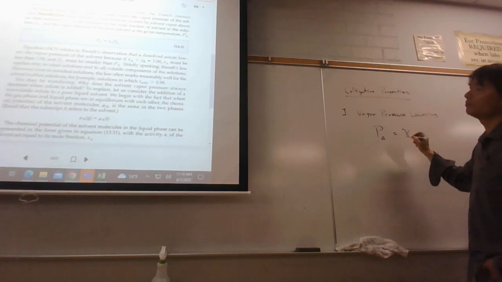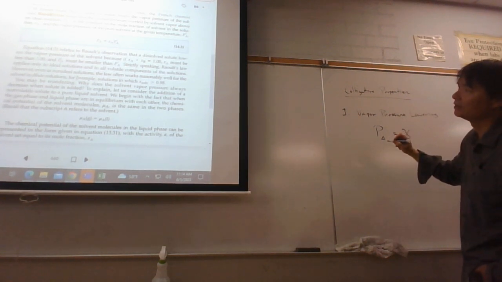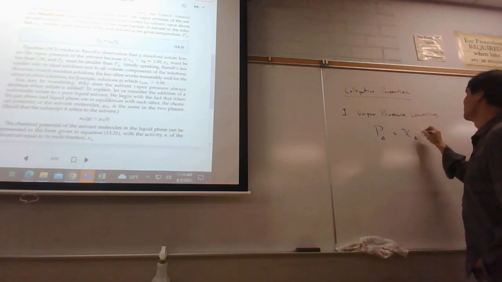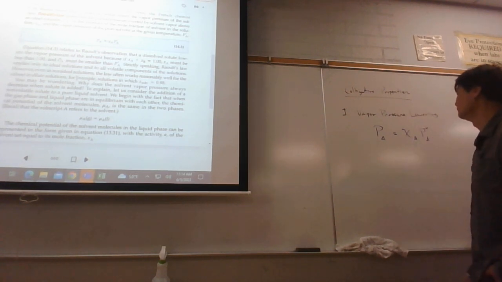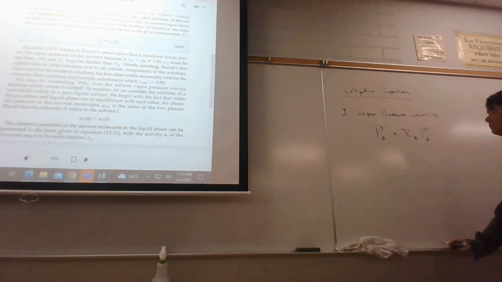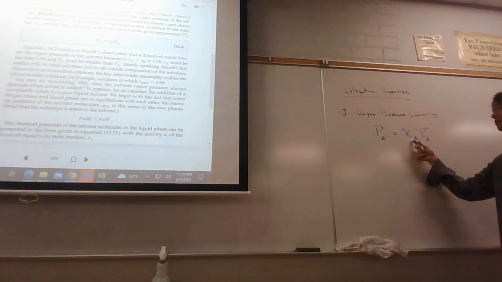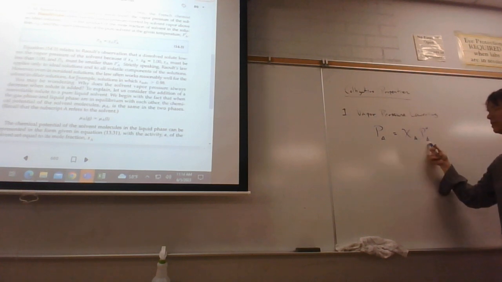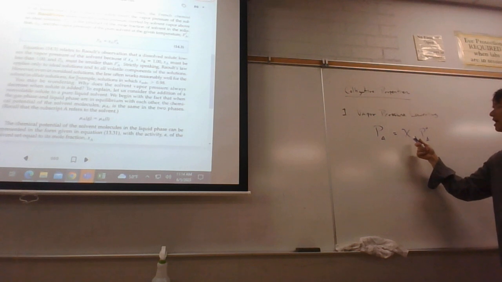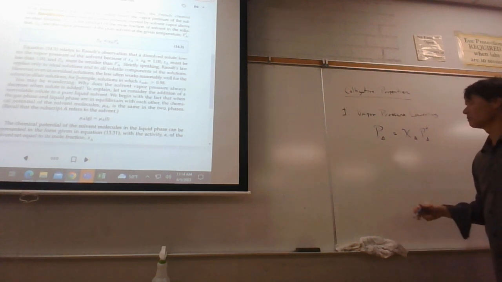And so this would be the mole fraction of A times its normal vapor pressure, P naught A. If the mole fraction were 100%, this is 100% water, then the mole fraction would be 1 and the vapor pressure would just be the same as its normal vapor pressure. But the mole fraction of water is going to decrease.